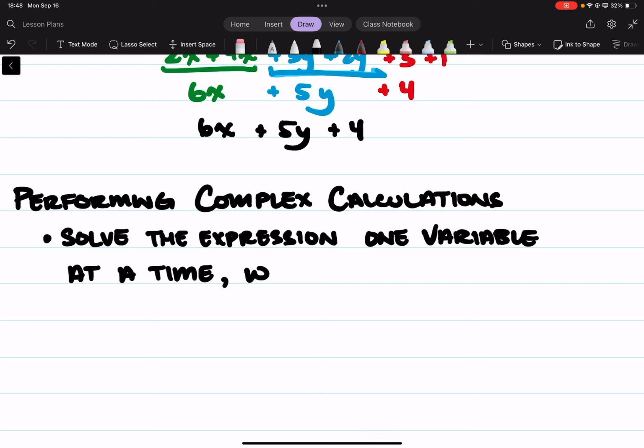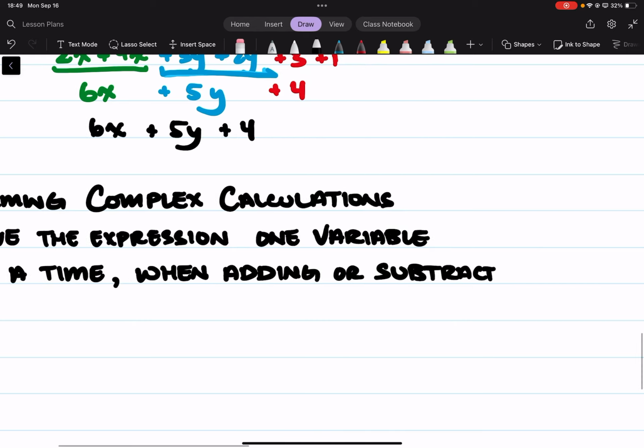And let's just add when adding or subtracting, because it does change a little bit later on down the line. But right now, we're just going to focus on adding or subtracting. Add the line there. There we go.